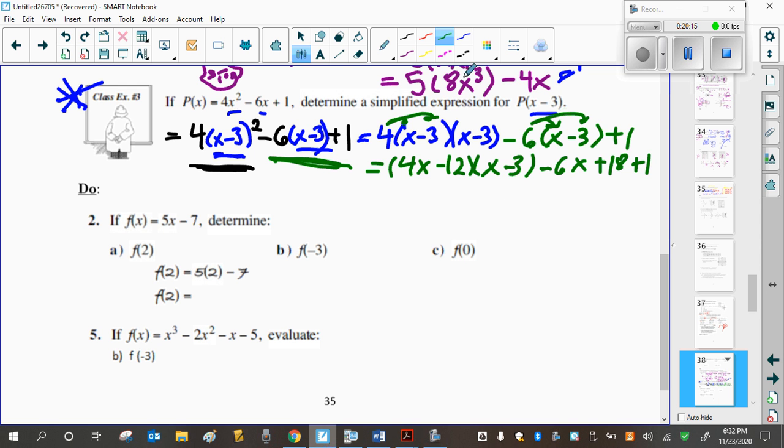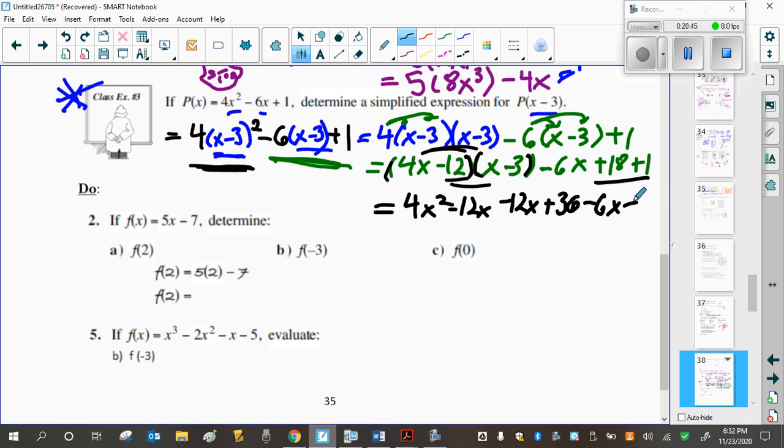And now you FOIL. Sorry, it kind of looks a bit crazy here. That's where the brackets are. So now you FOIL. You get 4x squared, subtract 12x, subtract 12x. Negative 12 times negative 3 is plus 36. Subtract 6x.